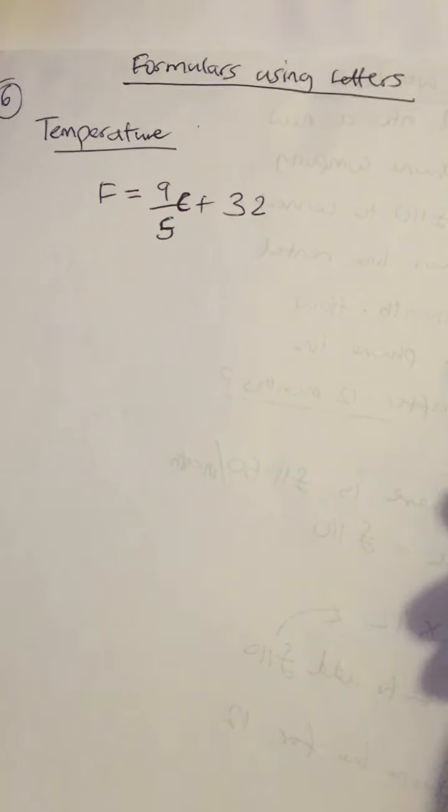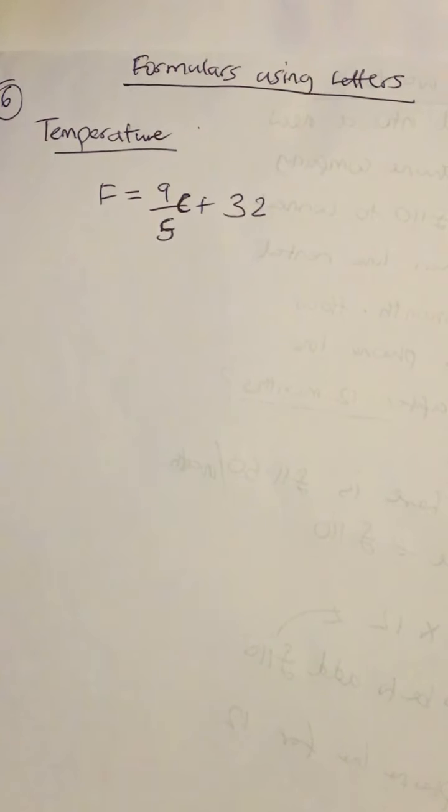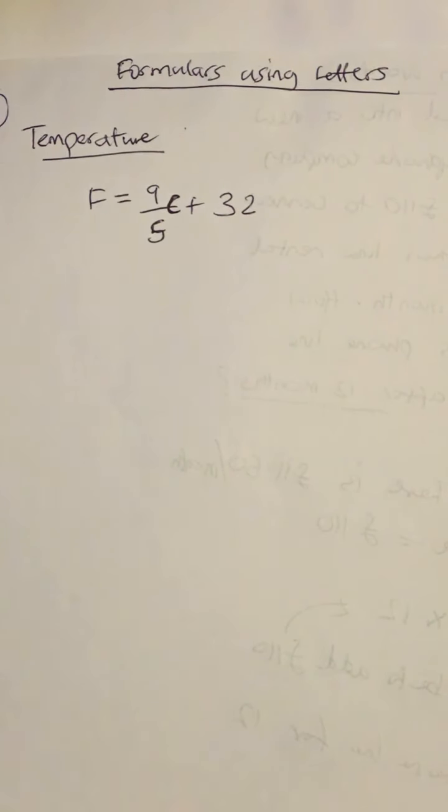So in the section formulas with letters, we might be given a formula made up of letters. Each letter will represent something. Sometimes formulas don't use a times, minus or division sign. So instead a times b is written as ab.